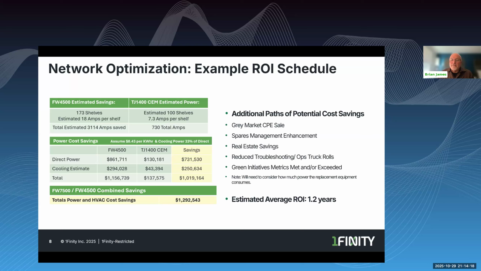But on average, our estimated ROI is about 1.2 years. So your cash outlay to do the migration and position the Tejas equipment is X, and over a period of 1.2 years, you'll recoup that, and the rest of that will be savings in the future.